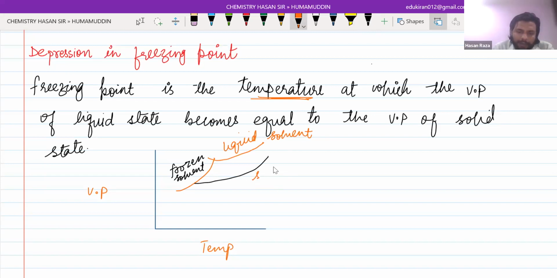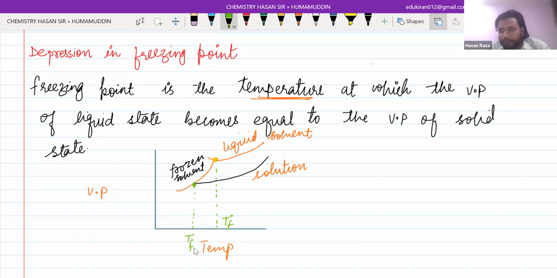And the black one is for the solution. At this temperature, this is the freezing point of the pure solvent, T naught F, when the solvent is pure. And this is the temperature at which the solution freezes.